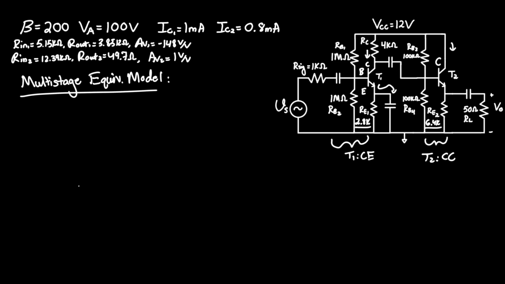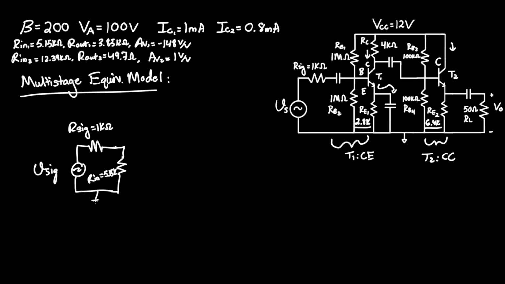So let's start with V-sig again. This is, as we know, connected to R-sig of 1 kilo ohm. And this is connected to R-in of 5.15K. We can just ground this.